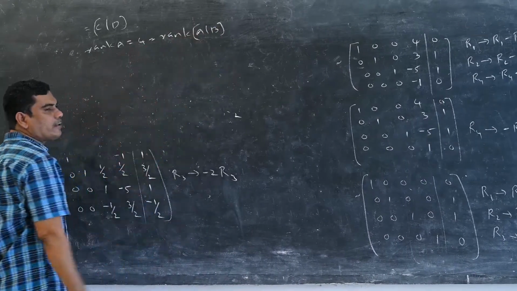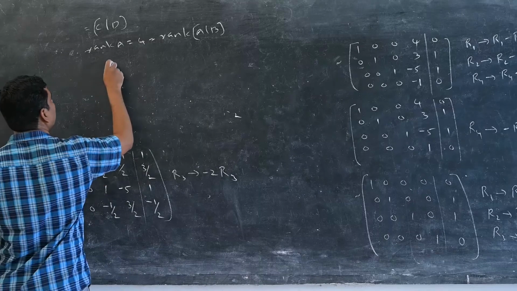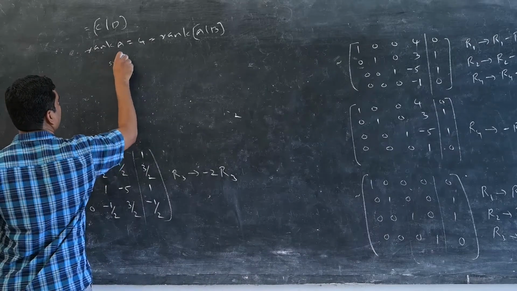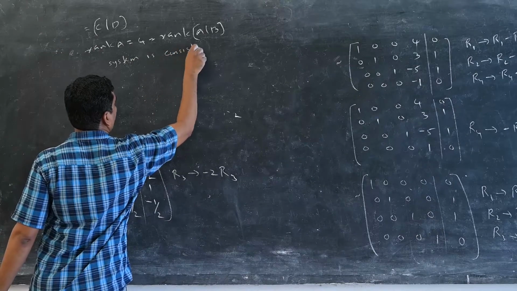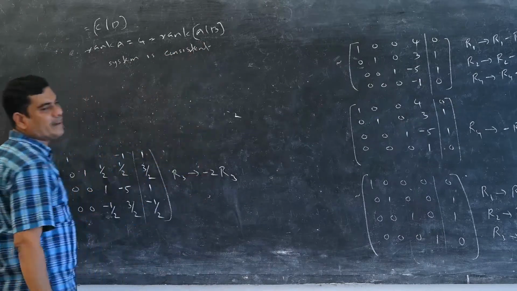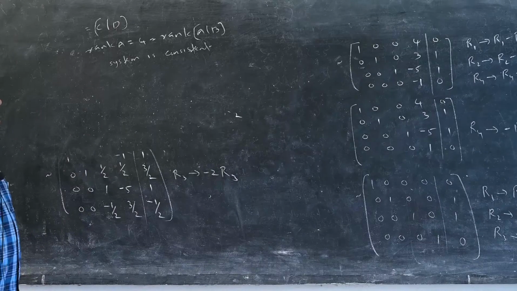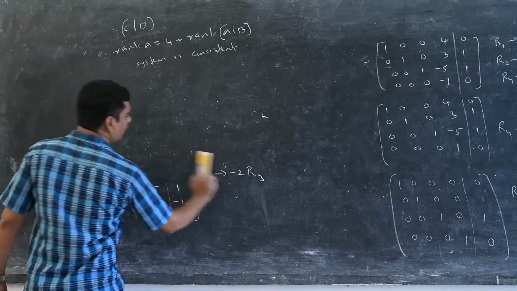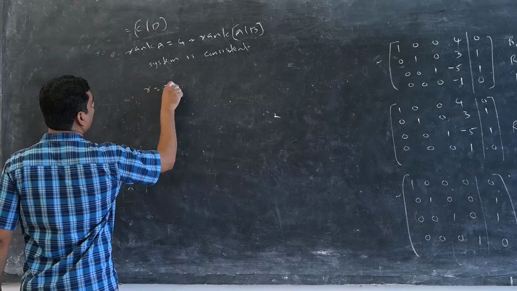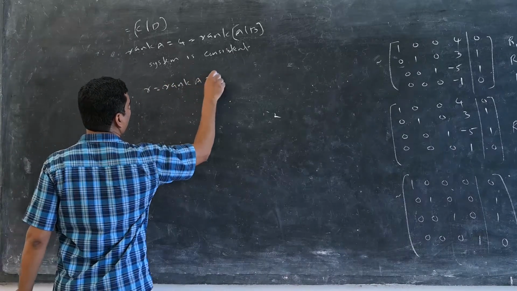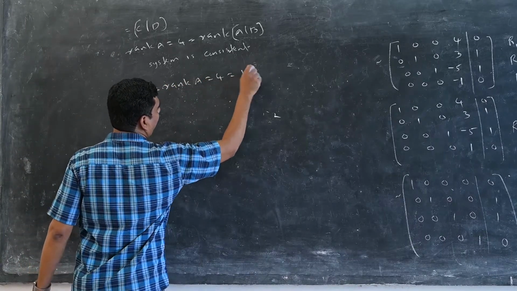If rank A is equal to rank AB, this non-homogeneous system is consistent. System is consistent. System has a solution. Now here r is equal to rank A is equal to 4 is equal to n.